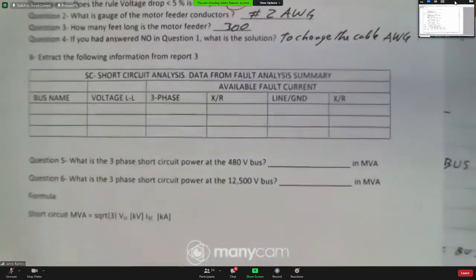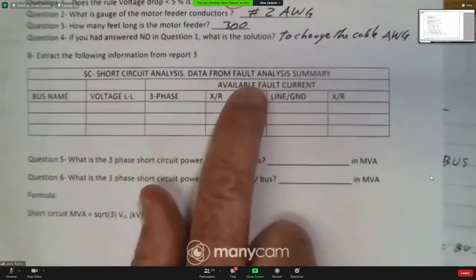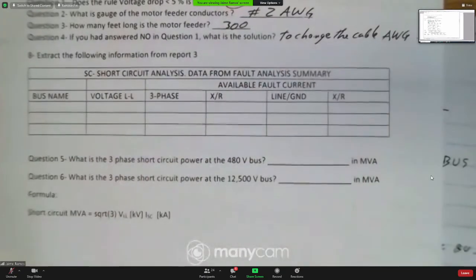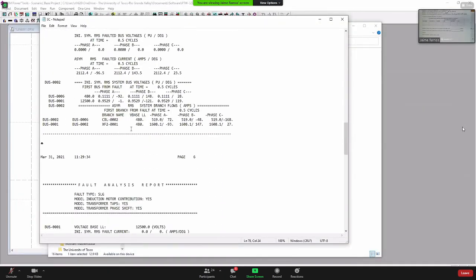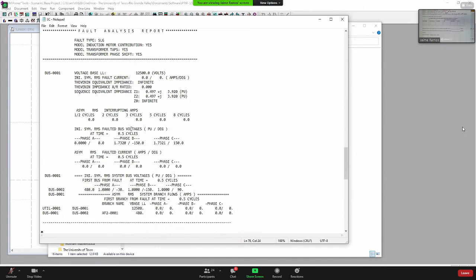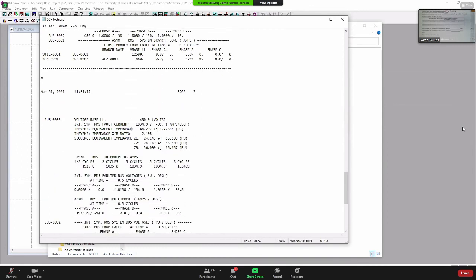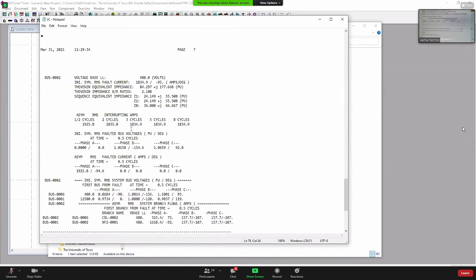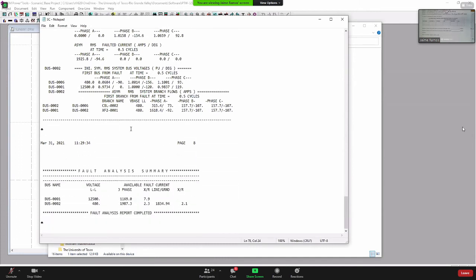So again, short circuit analysis data from summary. Fault analysis report. Lots of numbers. Summary here.